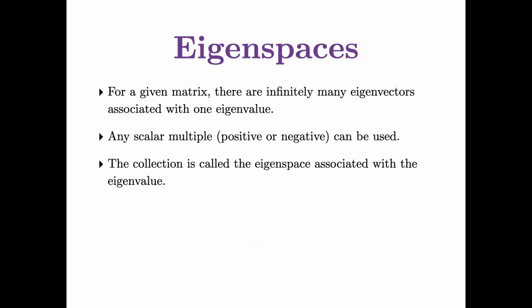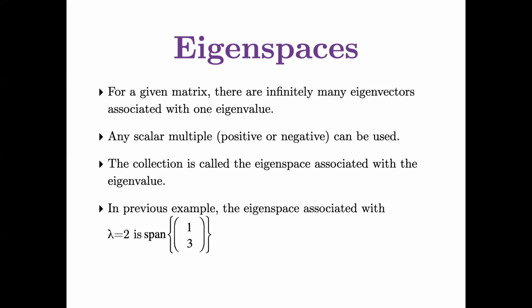So this collection of vectors is called the eigenspace associated with the eigenvalue. In our previous example, the eigenspace associated with lambda equals 2 is the span of (1, 3). Of course, I could also say it's the span of (2, 6). I can put any example in these brackets here.